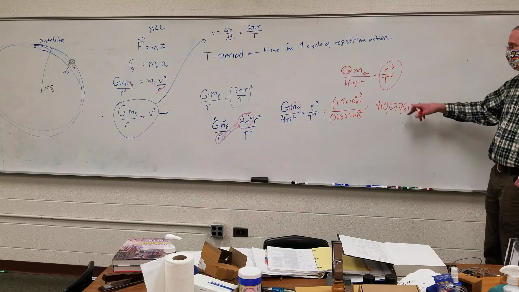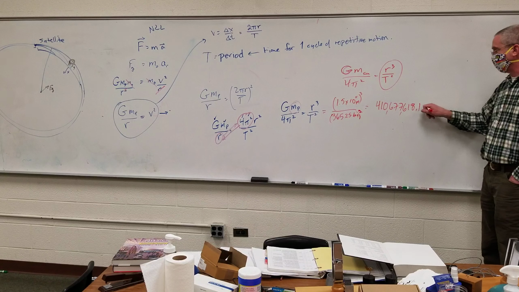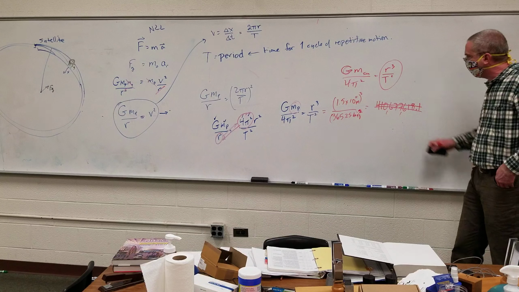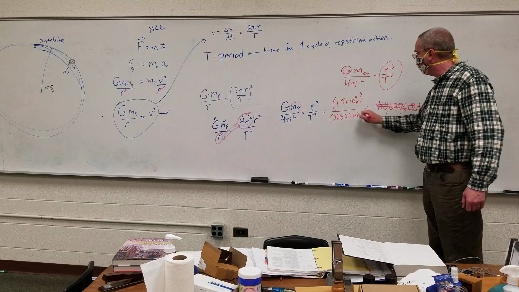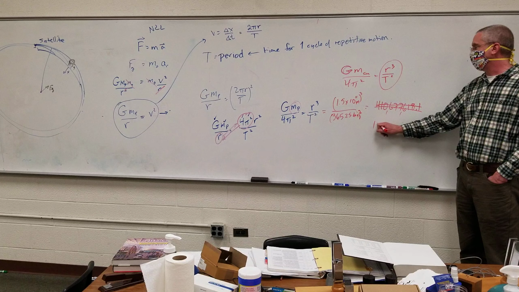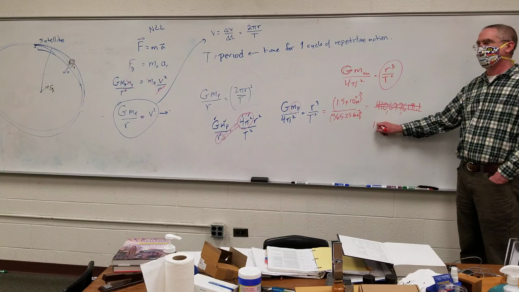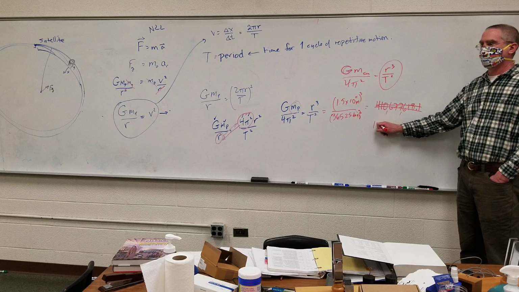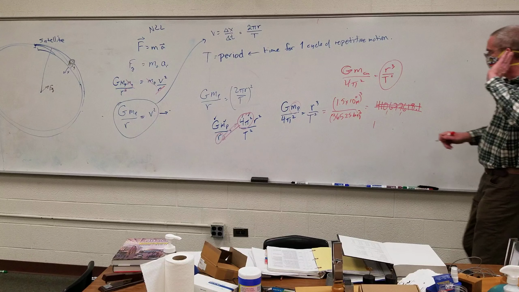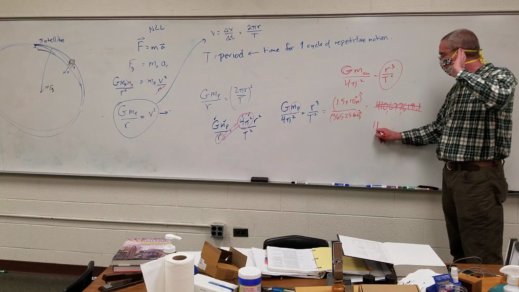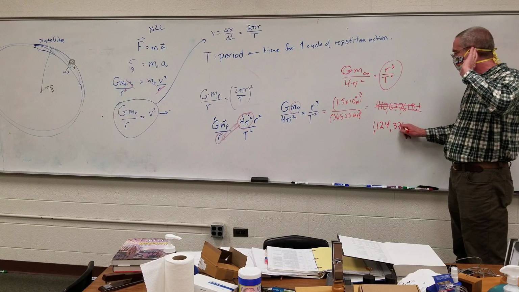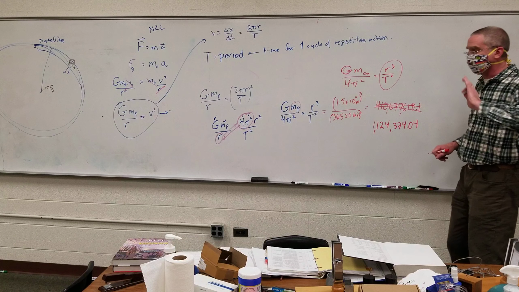So that divided by 365.25 squared, assuming there was no mistake earlier. 1,124,374.04. All right, so now units.